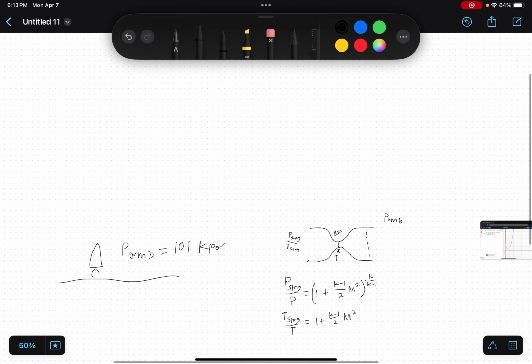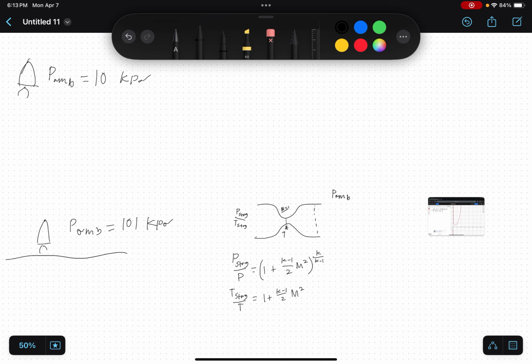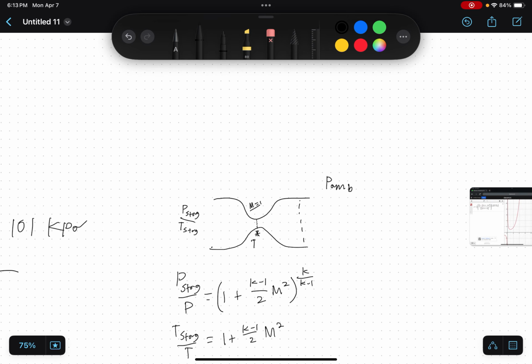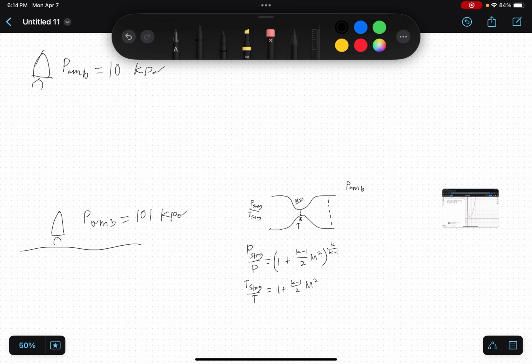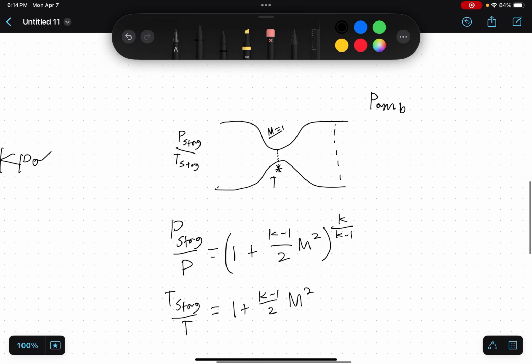But if you're up in space or as you go higher, the pressure decreases. Let's say it's like 10 kPa. So you know the pressure, like you'll have sensors on the rocket to measure pressure.